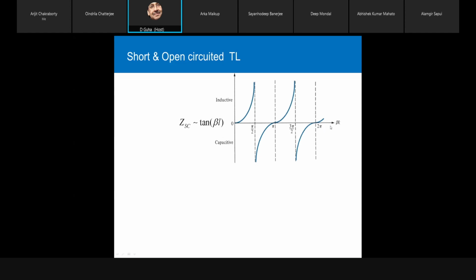Or beta L, that is the argument, pi by 2, pi, 3 pi by 2, then 4 pi by 2, that is 2 pi. And you will see the variation of tan beta L is like this. So it is inductive, and for the next phase it is capacitive, for this phase it is inductive, for this phase it is capacitive.